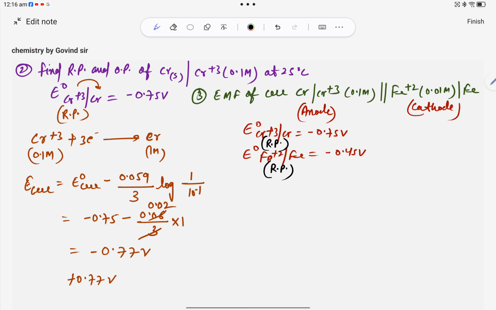E naught you have to find out. E naught of cell is equal to E of cathode minus E of anode. So cathode and anode, how to find it?